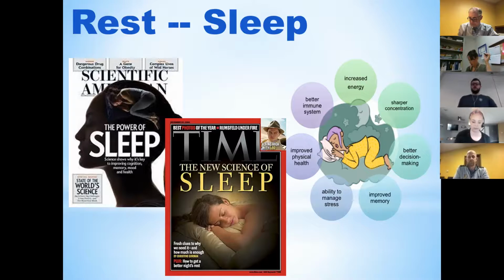And notice over here on the right of this image how powerful sleep is, including energy, concentration, decision making, memory, managing stress, mental health, and a better immune system. Wow. So let's take a big dose of sleep.